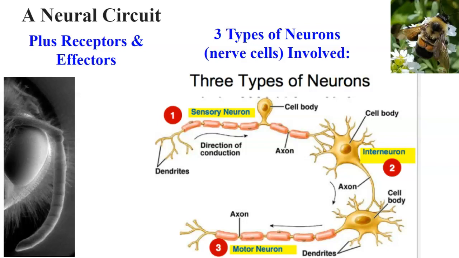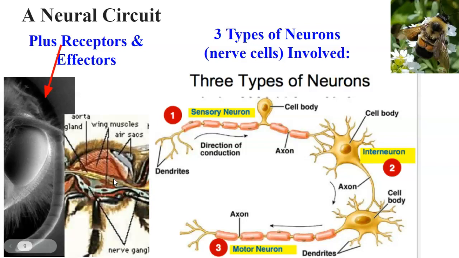And then it would take information in through the sensory neurons to the interneurons, and then the brain would interpret that as a good smell, and then maybe respond for the Rusty Patch Bumblebee to then engage flight muscles, which would be effectors, to go in search of that food. So flight muscles would be an effector.